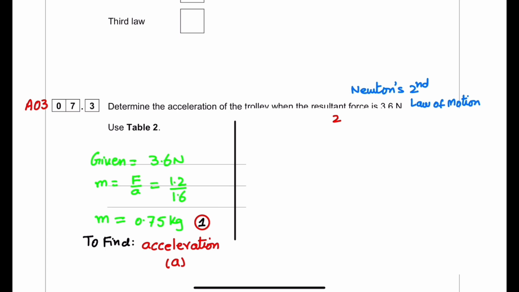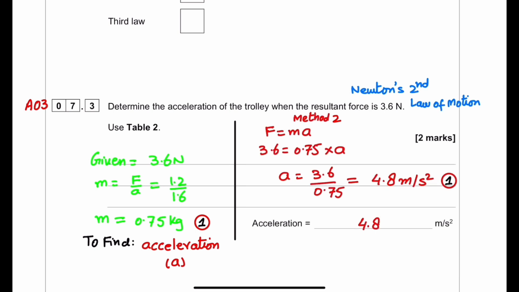We know that the force is 3.6 Newton and the mass is 0.75 kilogram. We will use the formula F is equal to ma to find the acceleration produced by a force of 3.6 Newton. Let's see the model answer. We already calculated the mass of the trolley, that is 0.75 kilogram.